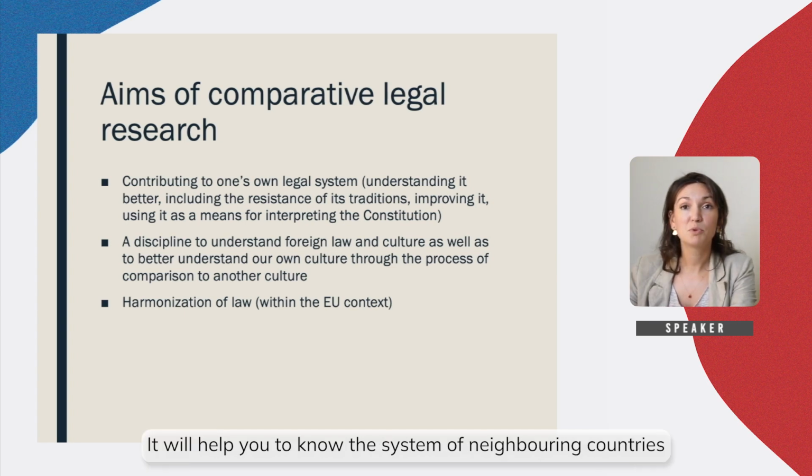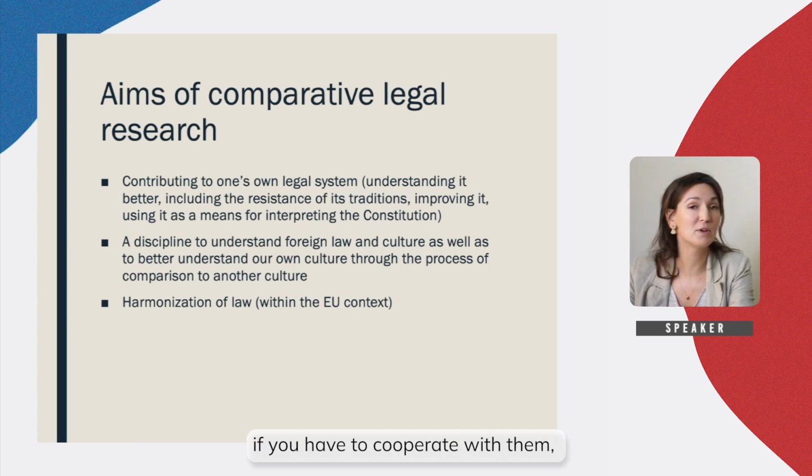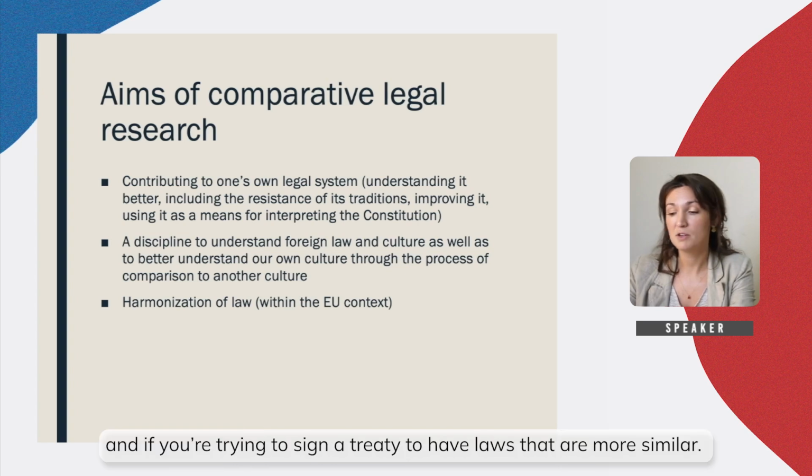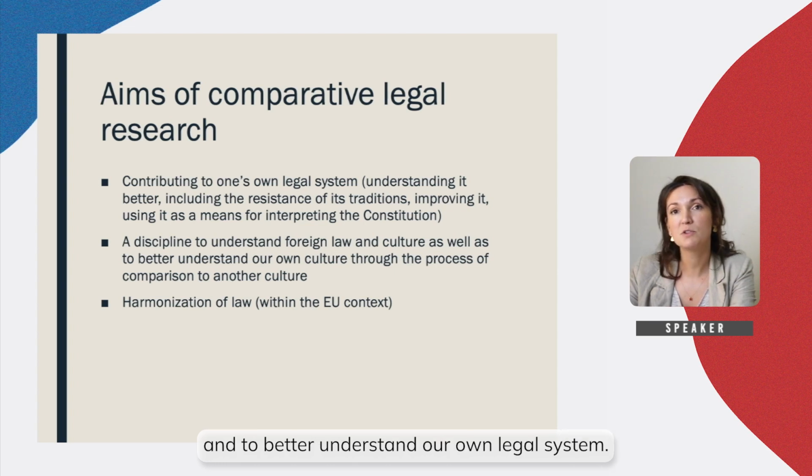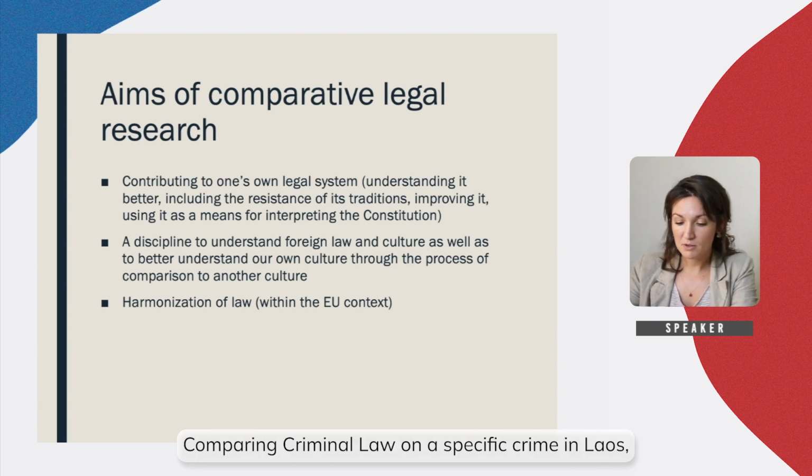It will help you to know the system of neighboring countries if you have to cooperate with them, and if you're trying to pass a treaty to have laws that are more similar. But comparative law can also be used to put the emphasis on the differences and to better understand our own legal system.